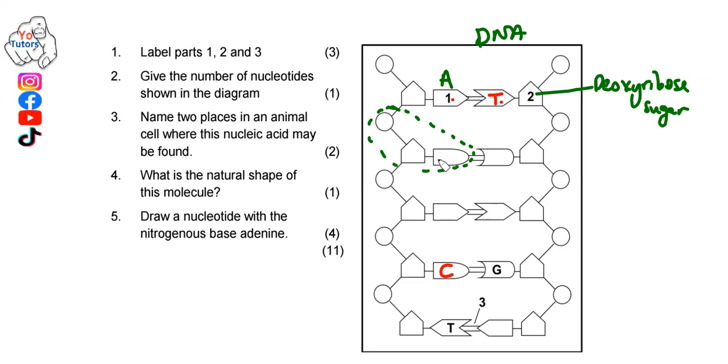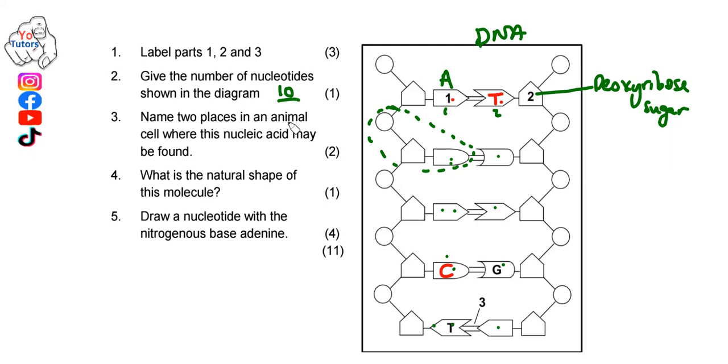So we can simply count nitrogenous bases here. So we can say 1, 2, 3, 4, 5, 6, 7, 8, 9, 10. But we can also count one side of the strand, where we can say 1, 2, 3, 4, 5. Then you just say 5 times 2, it will give us 10, because we know that they are in pairs. Okay, so this is 10 nucleotides.